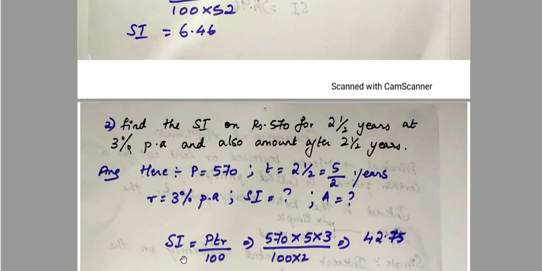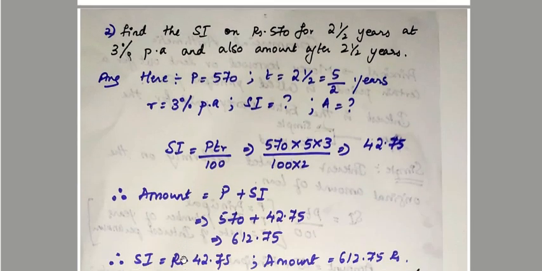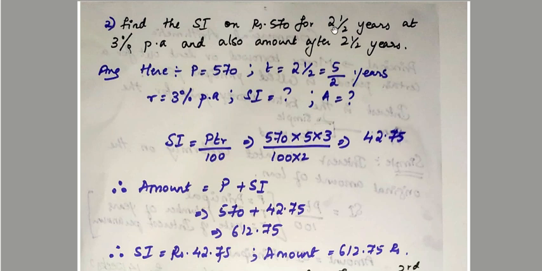So your next question: find the simple interest on rupees 570 for 2.5 years at 3% per annum, and also the amount to be paid after 2.5 years. First they are telling us to calculate the simple interest. Next we are supposed to calculate the amount which is repayable after 2.5 years.